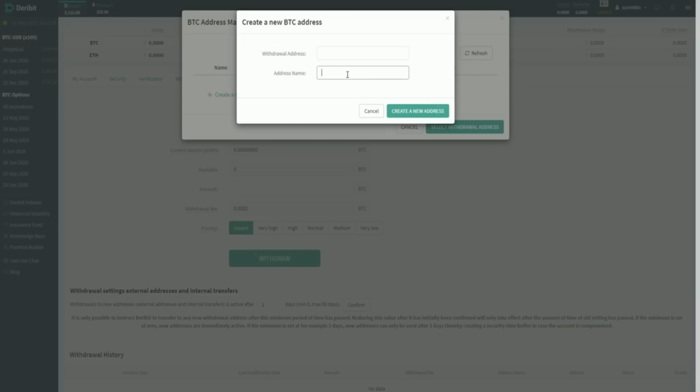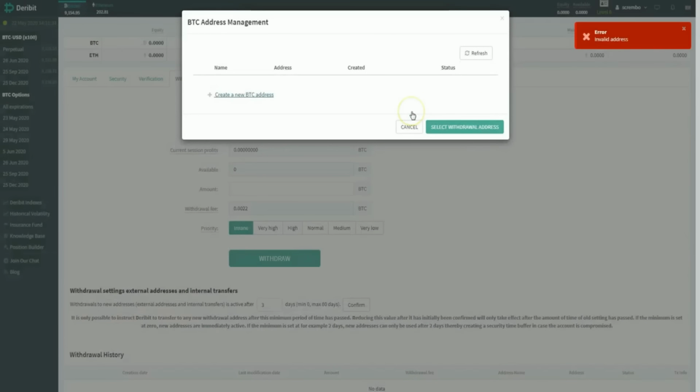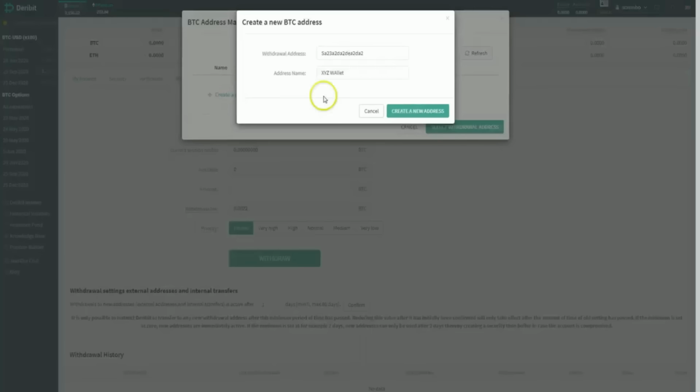Here you can see the withdrawal address, meaning for example your address, the place where you live. I don't have any money there, so I'm just teaching you how you can deposit or withdraw money. This is just a tutorial for you.